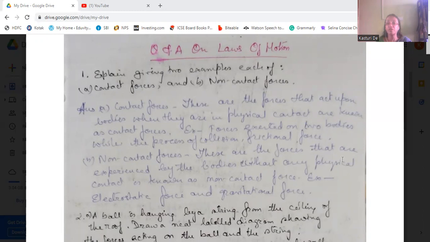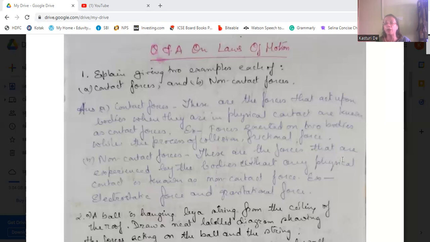You must have seen an apple hanging from a tree. If the attachment of the apple to the branch breaks, what happens? It just falls to the ground. Why? Because of the gravitational force.